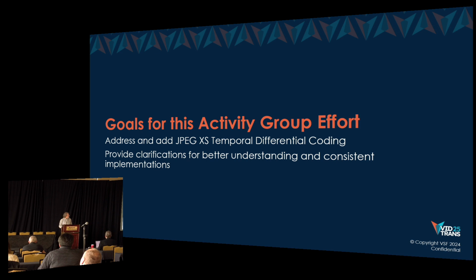One is to add JPEG-XS temporal differential coding capability sets or profiles to the current work for both TR07 and TR08. And then the second piece is maybe kind of a catch-all, but essentially to provide clarifications in the documents for better understanding and more consistent implementations.